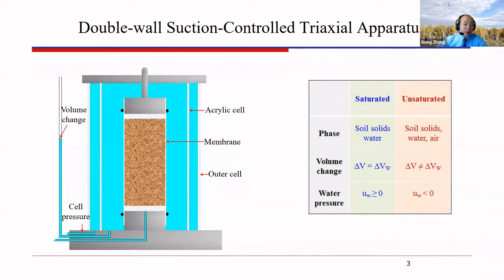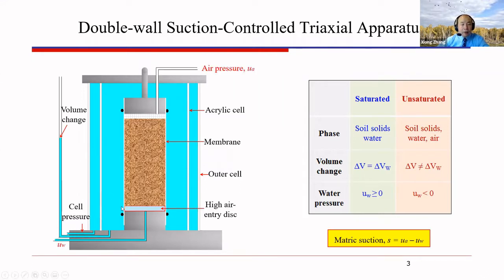Another modification they did was to replace the porous stone with a high air entry disk. The characteristic of the high air entry disk is that when it is saturated with water, only water can flow through the disk, and air cannot go through the disk. And then another modification is on the top. They added an air channel to supply high air pressure.